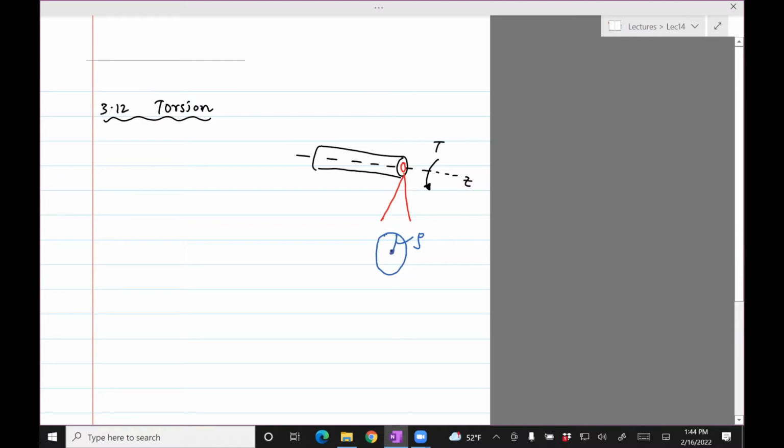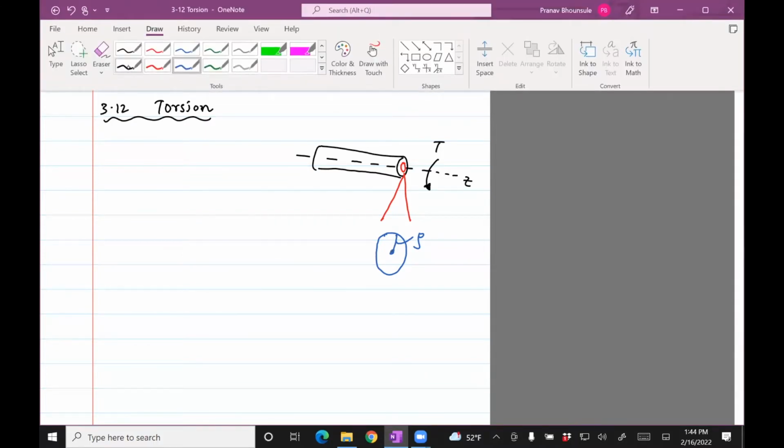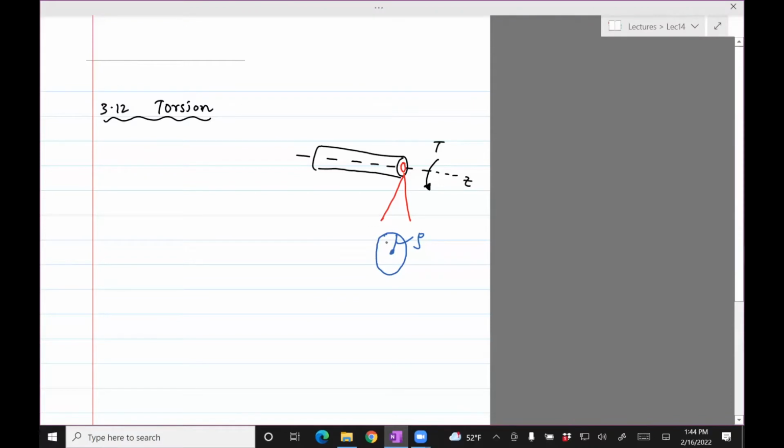That's the radius of some circular cross section of the circular shaft. So let's say that we just draw a line from the center to a point on the circumference of that circle of radius rho.